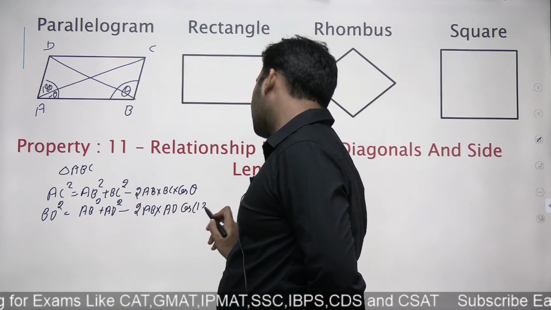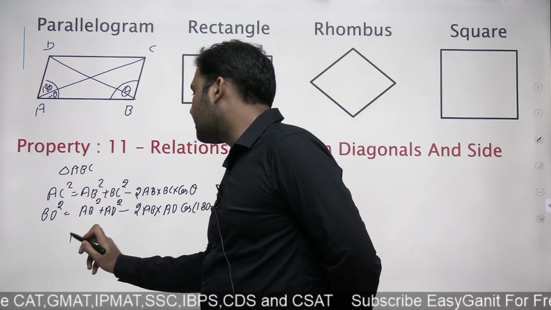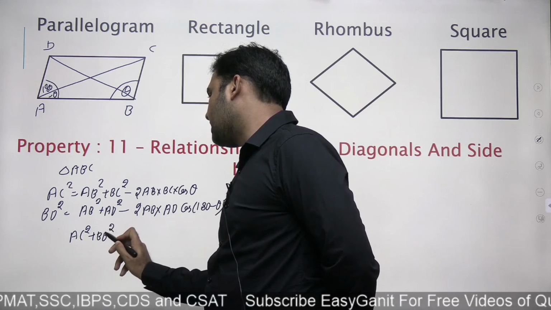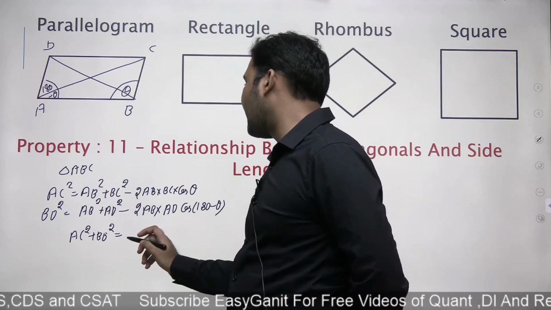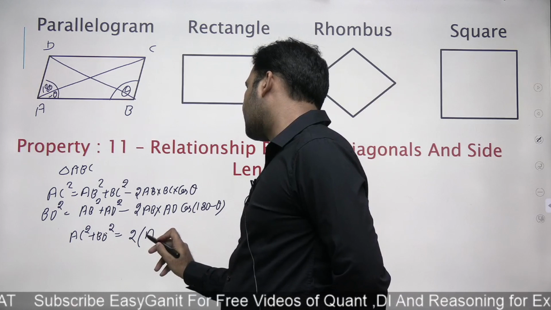Cos 180 minus theta, right? So if I add them up, you see that AC square plus BD square will be equal to AB square plus AB square, which is 2 times AB square, right?